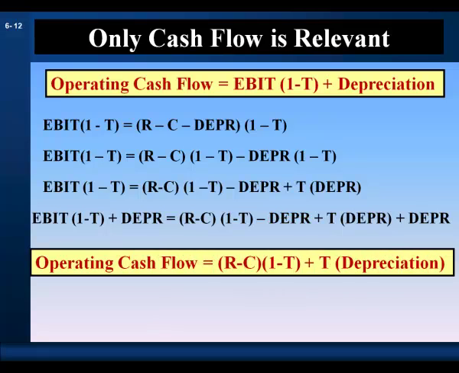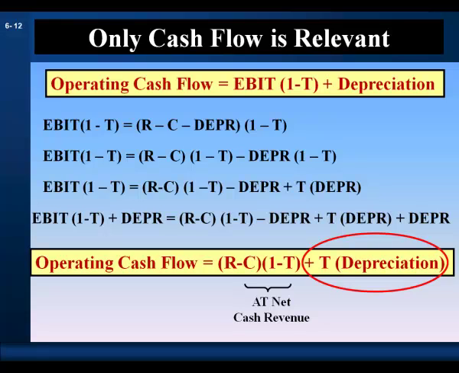Operating cash flow is equal to revenue minus operating costs after taxes, and this is after-tax net cash revenue. Note that we have an additional cash flow, tax rate times depreciation. Calculating taxable income, we deduct depreciation as a deductible expense.